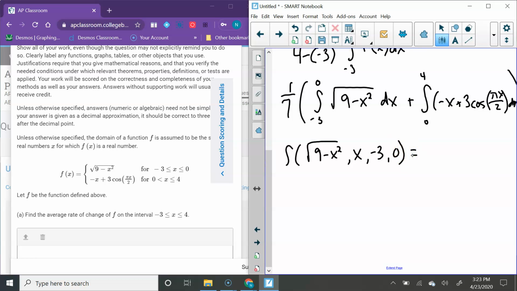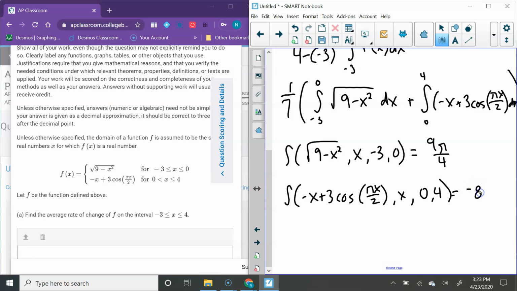And whenever you do that, you will get 9 pi over 4. And for the second one, you'll do negative x plus 3 cosine of pi x over 2, comma x, comma 0, comma 4. And that will give you -8. So use your calculator for that.